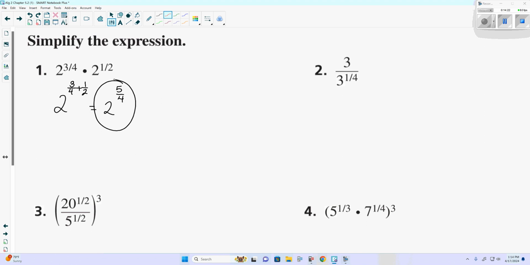So 3/4 plus 1/2, we can do it in either calculator. We can't do 2 to the power, but we can do 3/4 plus 1/2 because we can add the two fractions together.